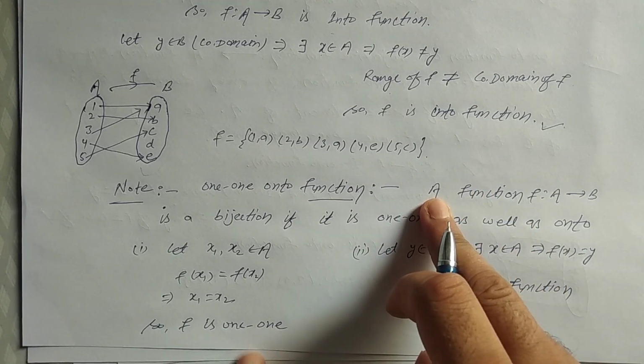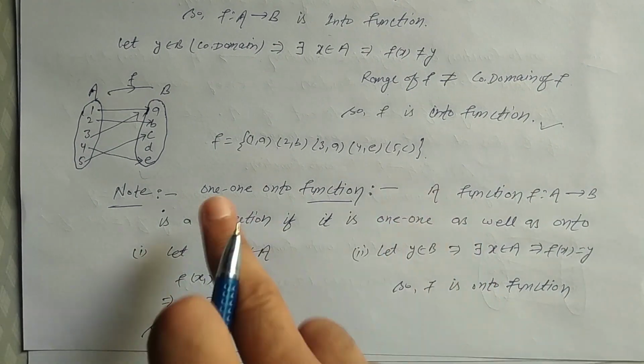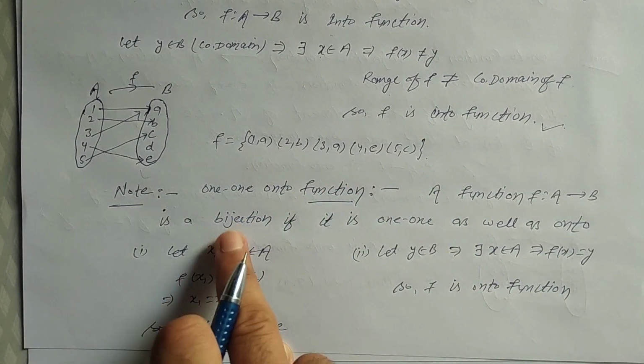Function f is one-one and onto, that is, function f is a one-one onto function or bijection function.